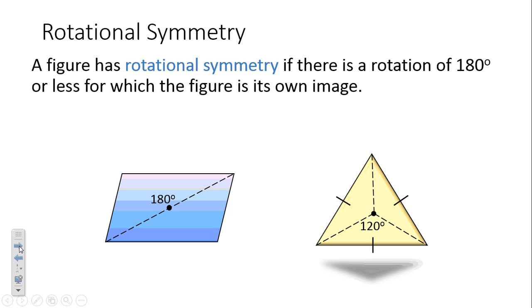And the reason is, what kind of a triangle is this? Equilateral. Very good. Equilateral means all three sides are equal. That forces the angles to be equal. And that's what makes it have rotational symmetry.